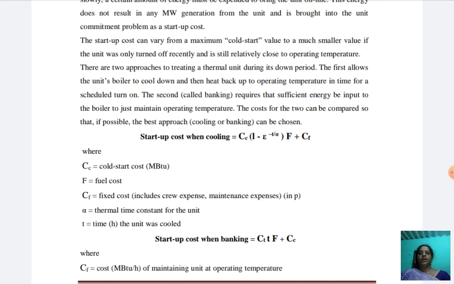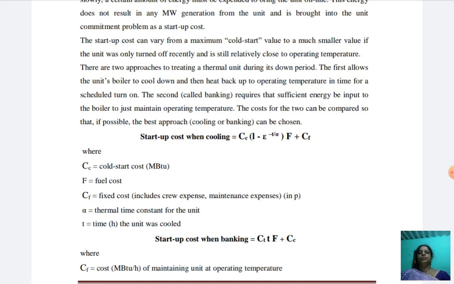There are two approaches to treating a thermal unit during its down period. The first one is to allow the unit's boiler to cool down, then heat back up to operating temperature in time for a scheduled turn on. The second one is banking, which requires that sufficient energy be input to the boiler to just maintain the operating temperature.